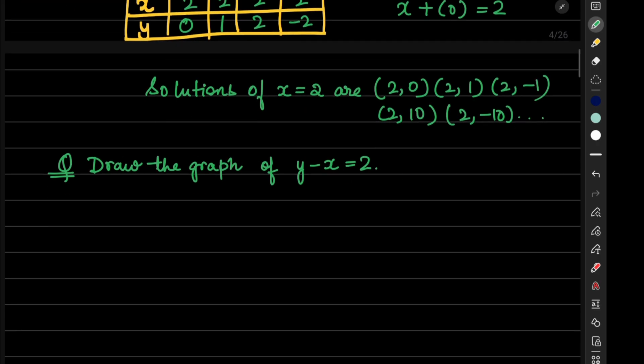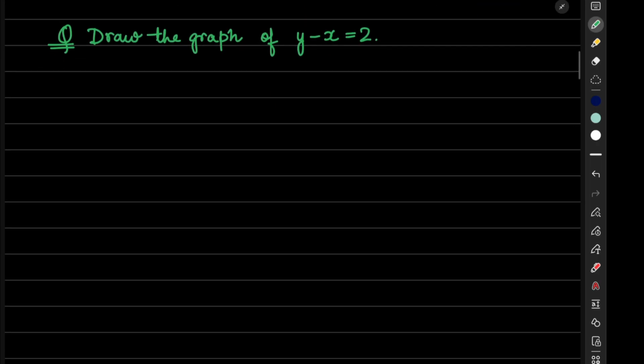Next one, you have to draw a graph of y minus x equal to 2. Let's do it. So what is the solution here? You have to find the solution.